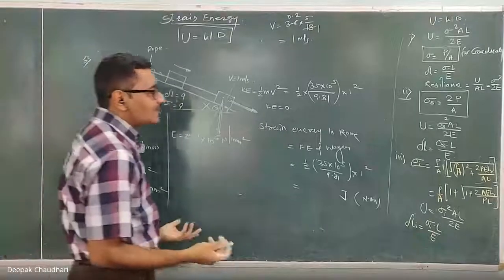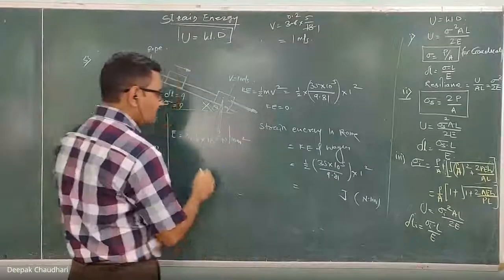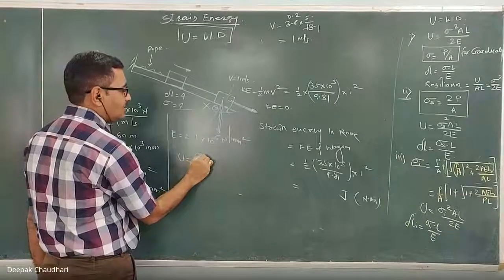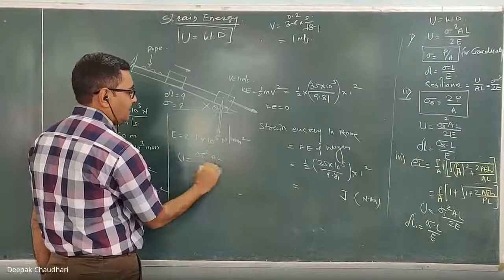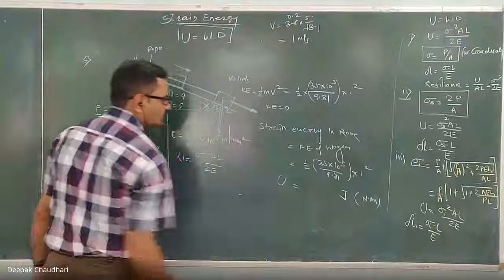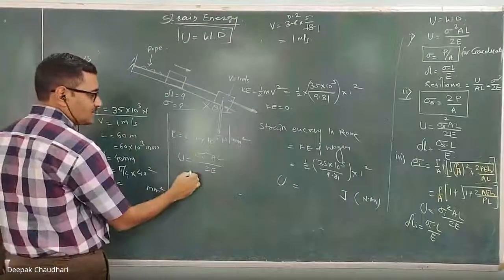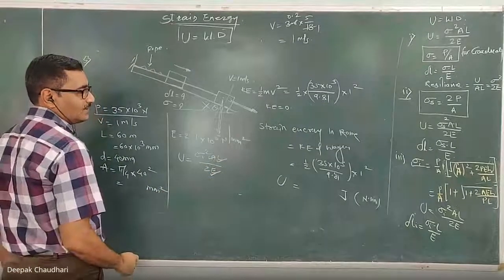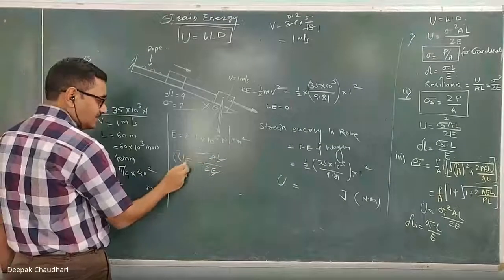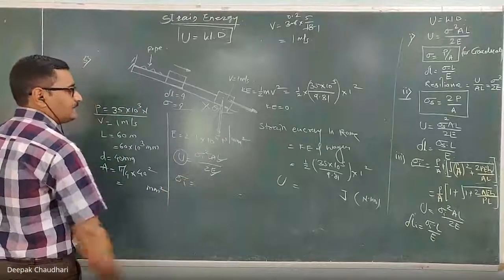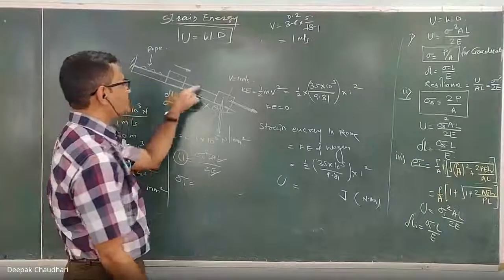Understood? Once you get the strain energy, the strain energy stored is equal to sigma I square AL upon 2E. Use this formula. Substitute the strain energy; area, length and E are known to you. From this you will get sigma I, the instantaneous stress induced in the rope.